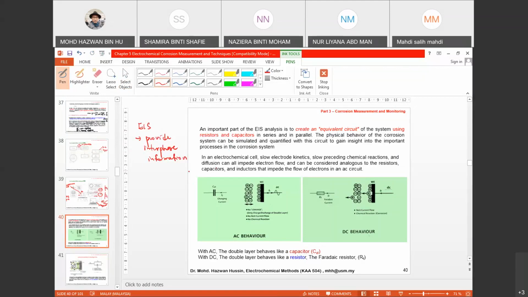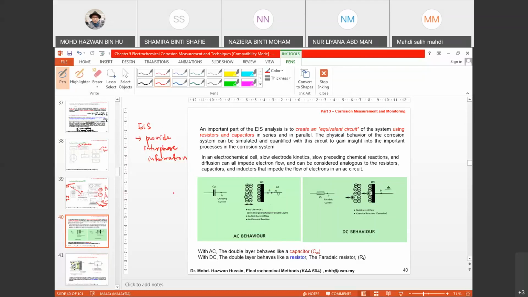For example, if you are studying a metal that is unknown, you don't know whether the metal has been coated, whether it has a different layer, or a different composition. If you do PD, it just gives you a Tafel plot to see the anodic and also cathodic reactions.